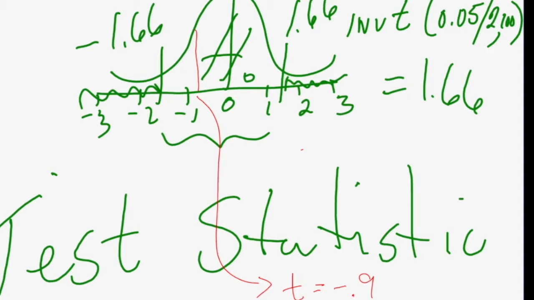So because of that, SPSS has already converted the values to a probability. What that's basically saying is that the p-value they gave us is 0.370. And we already know that our alpha was 0.05.